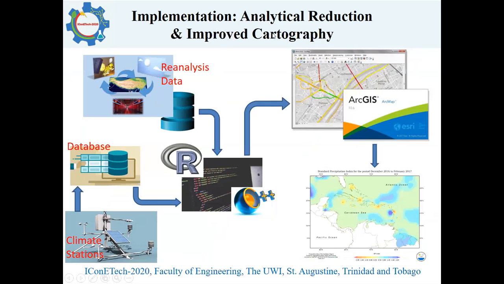The analytical solution was done in two phases. The first phase used the reanalysis data and the localized database in the analytical solution here, which was done with R, the R software. And through R, it called upon their existing SPI routine.